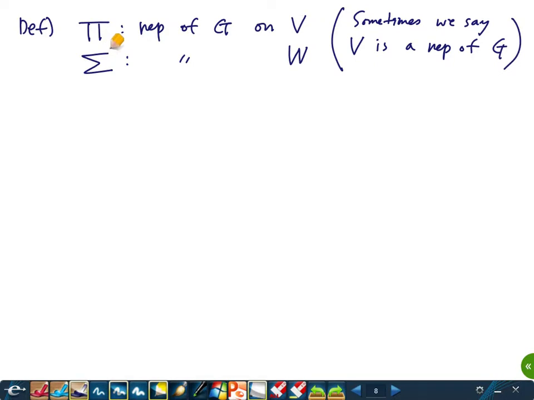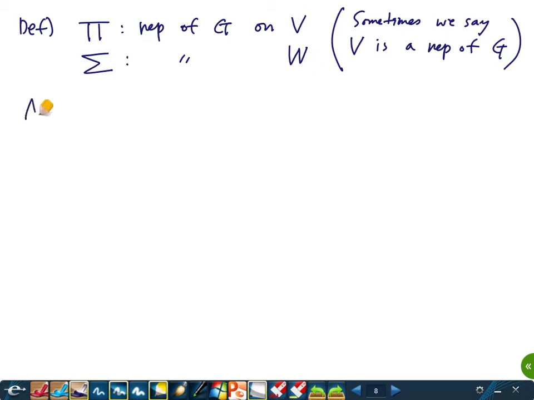But that means we have a group action on V that is somehow specified. So in that case, we say that the vector space V is a representation. Of course, we know how the action is defined. But anyway, we have two representations of G.